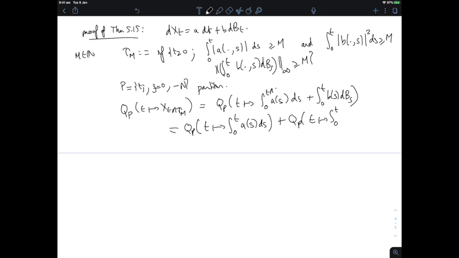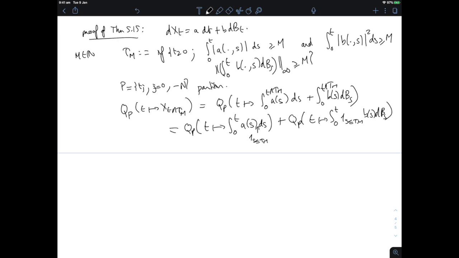Oh, and of course I need to stop that at tau m, and here I need to also stop that at tau m. And we know that this is the same thing as stopping the process here before tau m, thanks to our uniqueness theory. Well, actually here it's not even uniqueness, it's just linearity of the Riemann integral, but here it's the uniqueness result up to stopping time of the Ito integral.